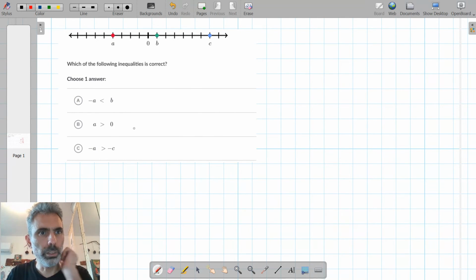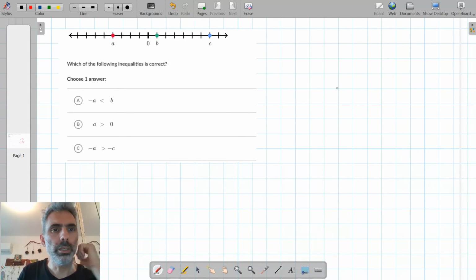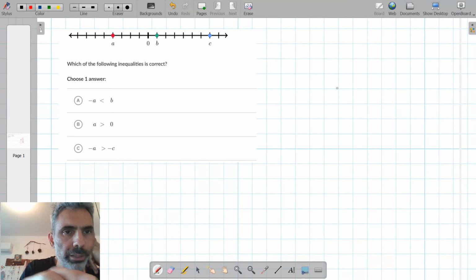Which of the following inequalities is correct? Minus A is less than B. Minus A is the opposite of A, and A is 4 hash marks to the left of the 0.